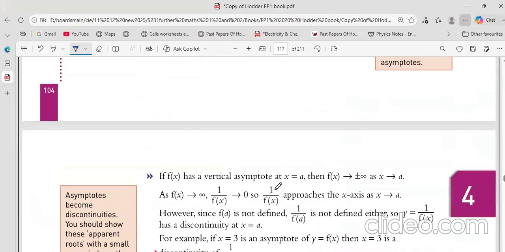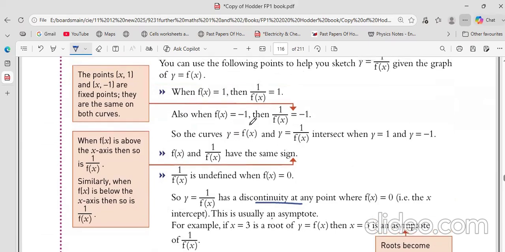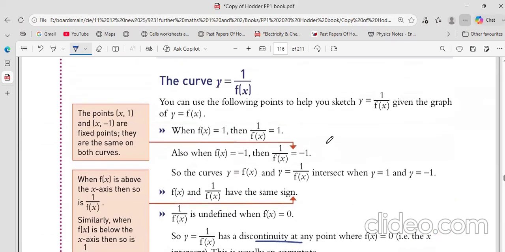Then the other rules were that as x tends to here, there's no vertical asymptote of f(x). So if there is a root, it has a discontinuity at that point. If they meet at minus 1, they have the same sign. So 1 by f(x) and f(x) have the same sign.